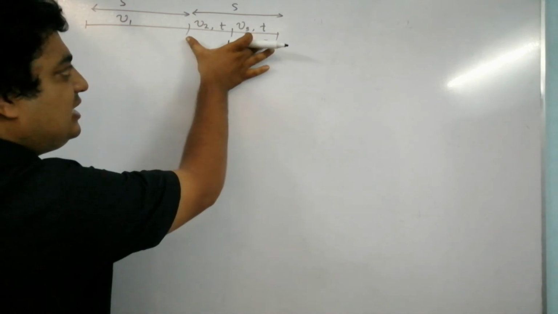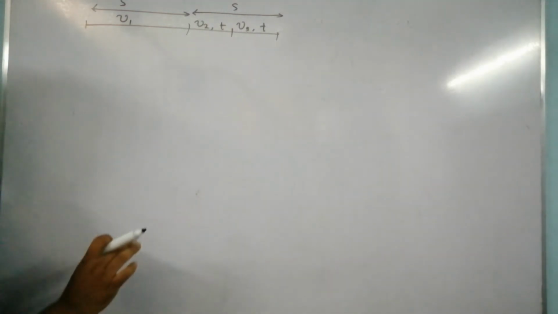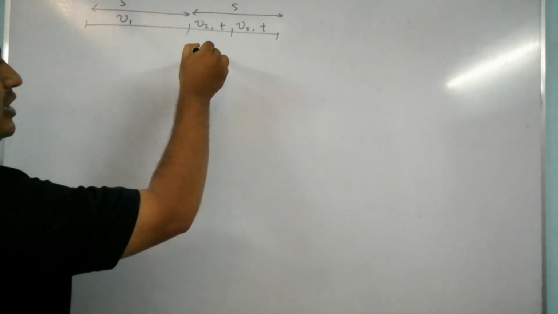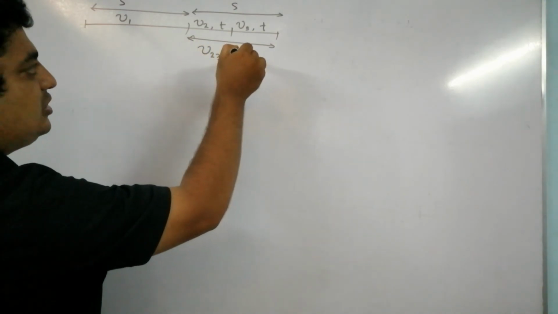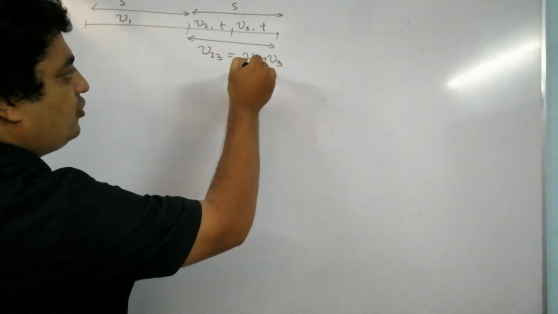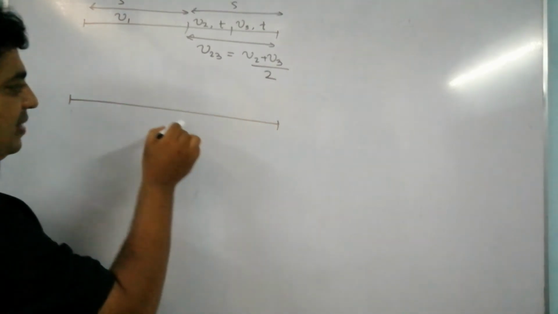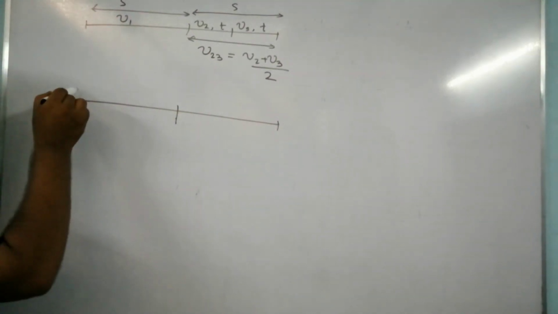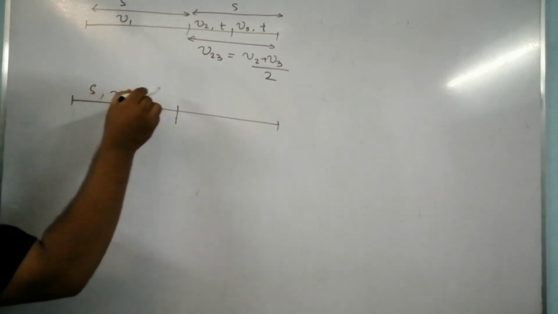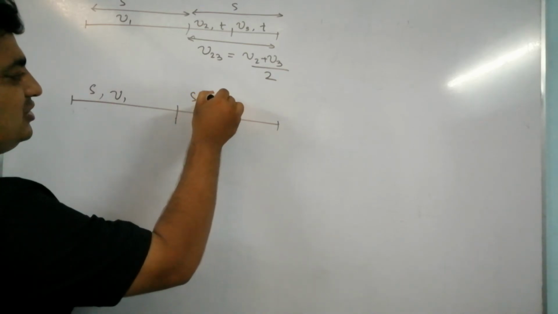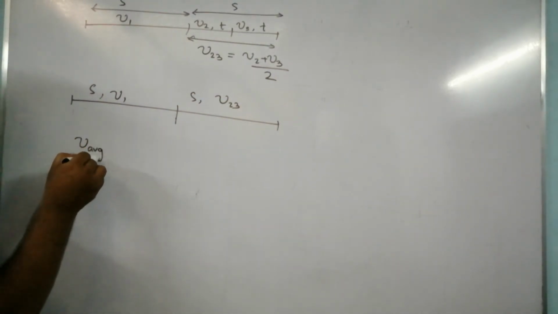Now in this interval, the particle is moving with different speeds for equal time. So here in this interval, the average speed v23 equals v2 plus v3 by 2. Now we can make this question as a particle moves for s distance with speed v1 and the next s distance with speed v23.